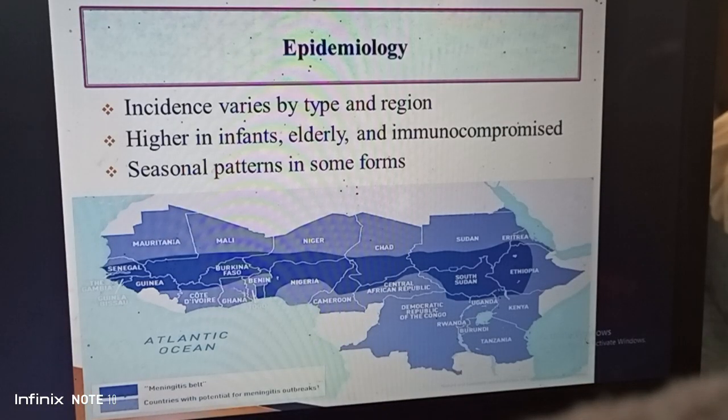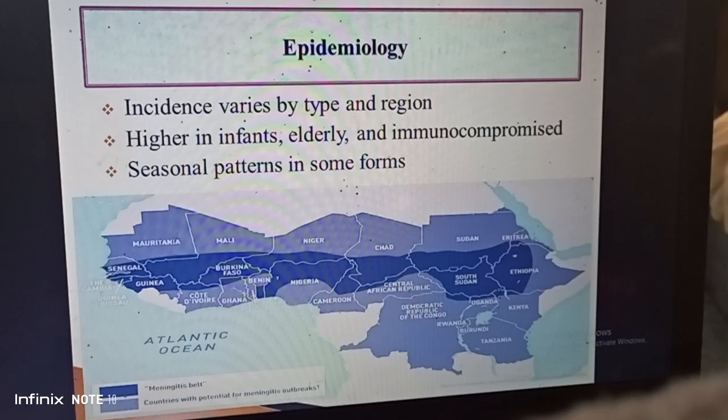So with this, let's see the epidemiology of meningitis. Generally, the incidence and epidemiology of meningitis vary geographically. It varies by type and region, and it is higher in infants, the elderly, and immunocompromised individuals, because in this group the risk of disseminated infections from other sites is higher.